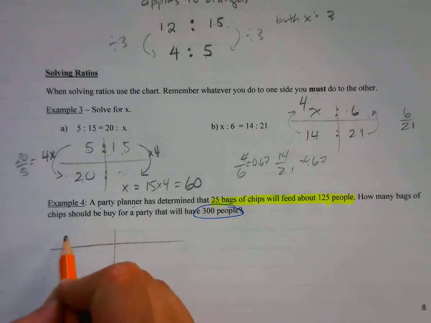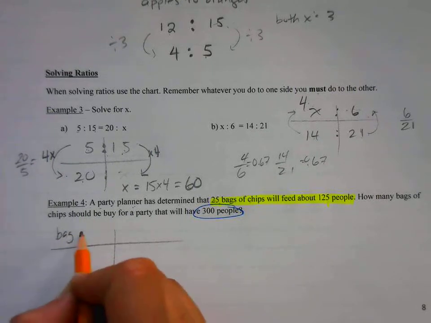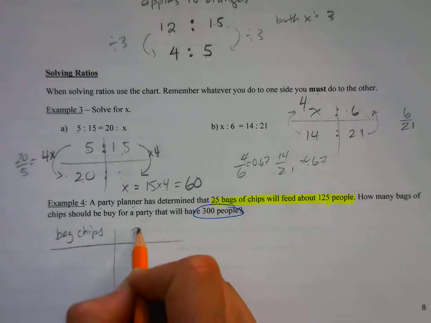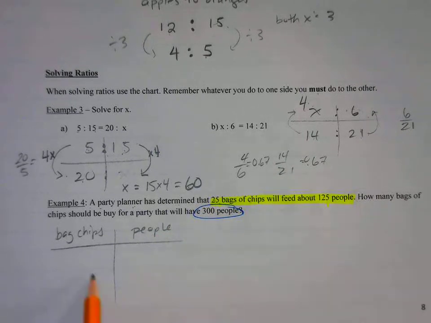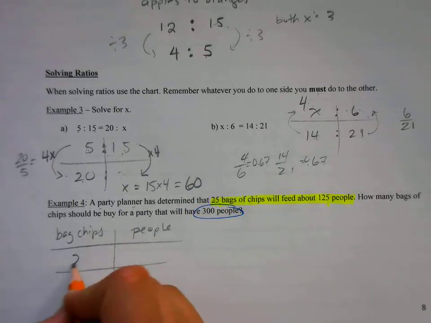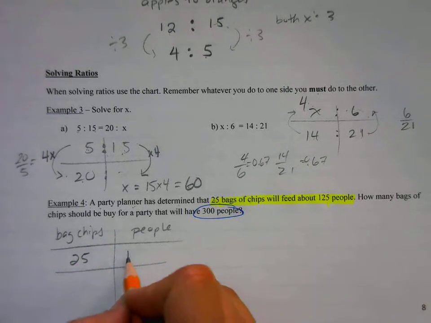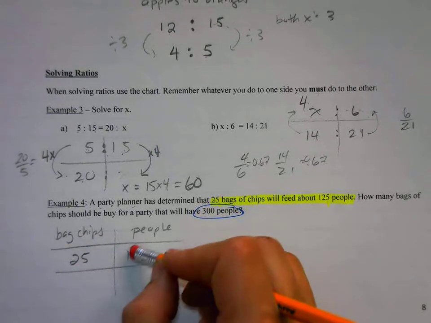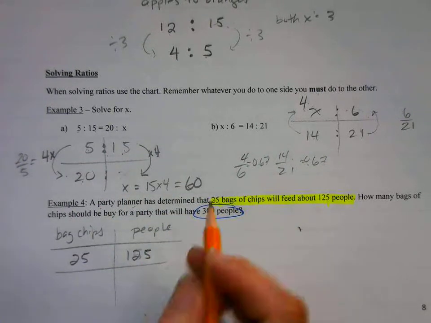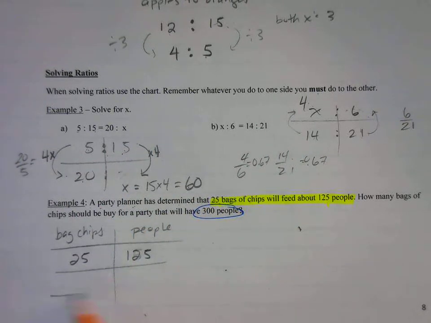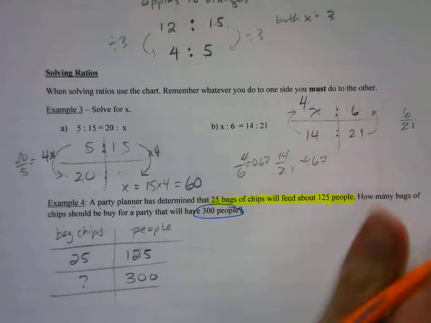Okay, the two things we have are bags of chips and people. This first ratio that I have in yellow says there's 25 bags of chips. It will feed 125 people. They want to know, how many bags of chips should I buy for 300 people?